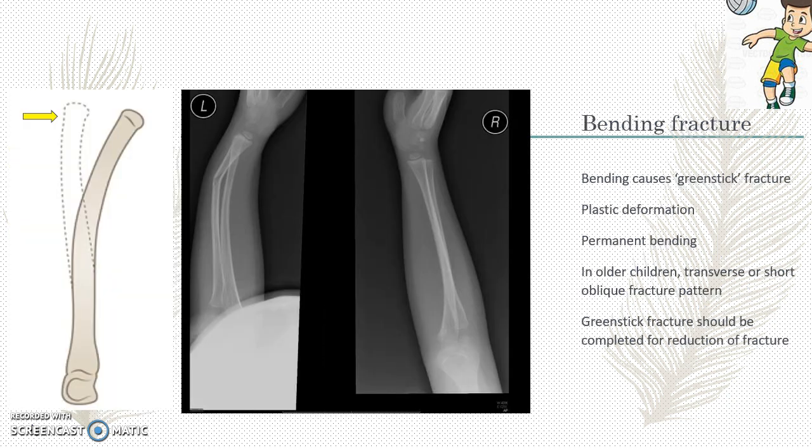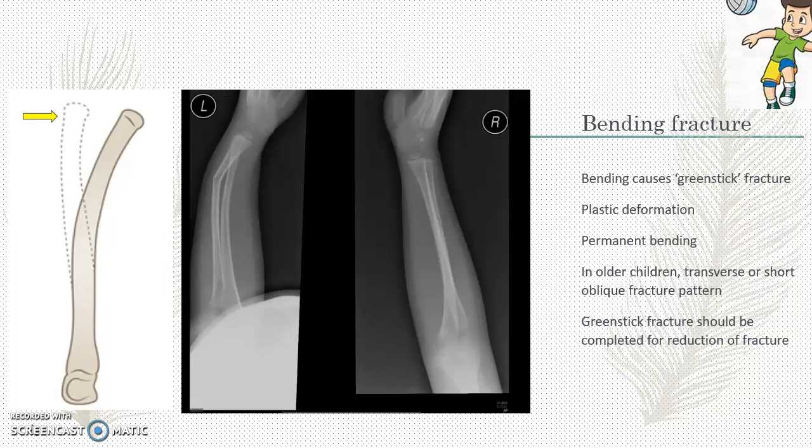Then there are bending forces. When there is bending force over the pediatric bone, it bends, and it is initially in the form of a plastic deformation because there is only architectural change inside the bone, but the cortices have not failed.